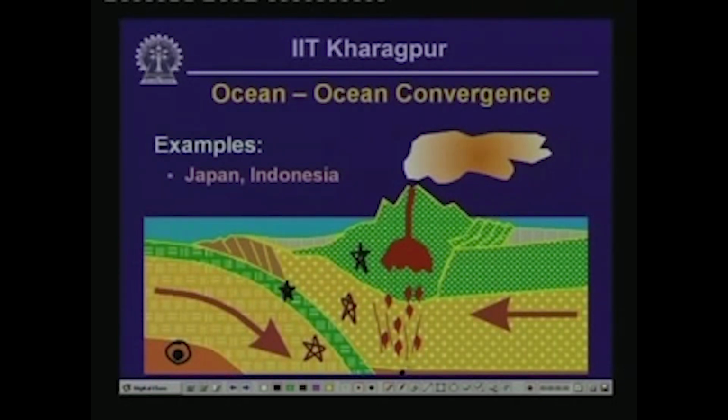In this case both the oceanic crusts are underlain by asthenosphere, whereas in the previous slide on ocean to continent convergence, we had one asthenosphere underneath the oceanic crust and another underneath the continental crust. So the features in ocean to ocean convergence are quite similar to ocean to continent convergence.